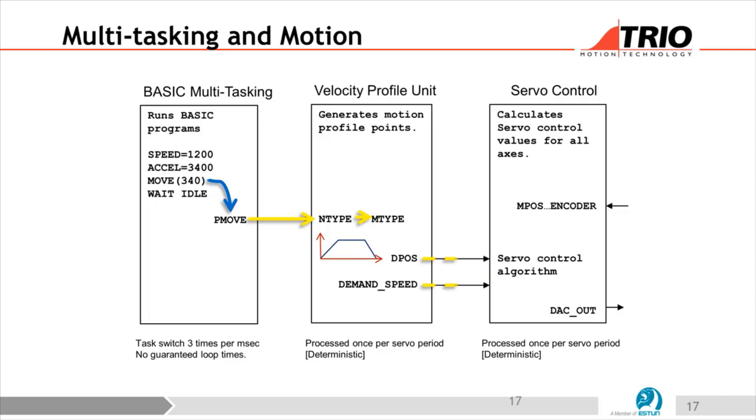So the two boxes here, the one on the right hand side and the middle one, what's called deterministic, they're run in the main kernel once per millisecond, and then for the bit that's running the BASIC, we have no kind of specification of exactly how many lines of code it will run. It just runs quite fast.